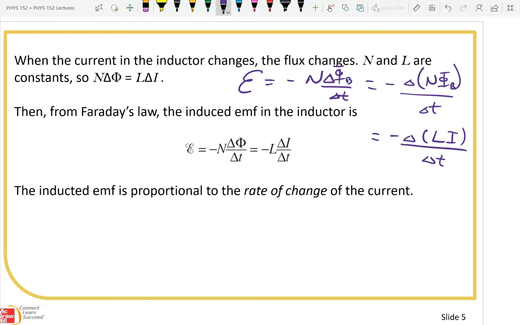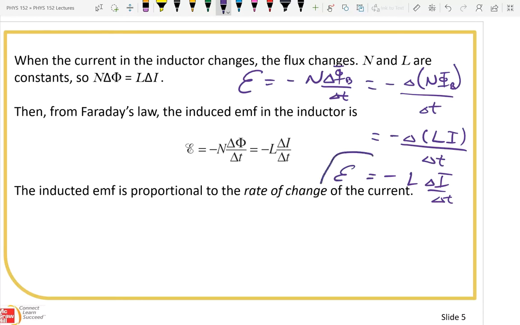So notice I've gone through two ifs. If the number of turns is constant, and if the inductance is constant, then that is equal to minus L delta I over delta T.